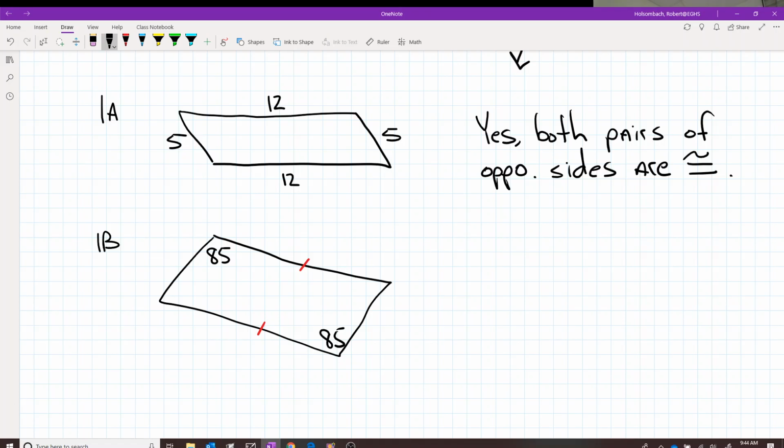In this case, if you just use the process of elimination on your rules or go through the rules, are both pairs of opposite sides congruent? Not enough information. Are opposite angles congruent? Both pairs of opposite angles. Well, the two 85s are congruent, but you don't know anything about angle A and angle B here. Diagonals bisect each other. There are no diagonals, so you don't know if they bisect each other.